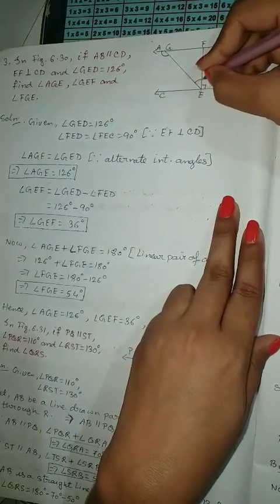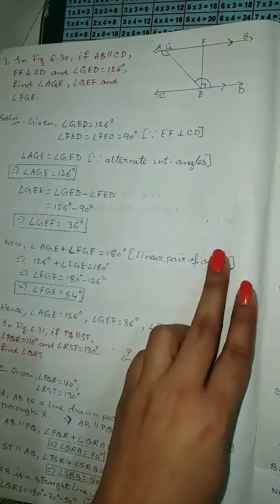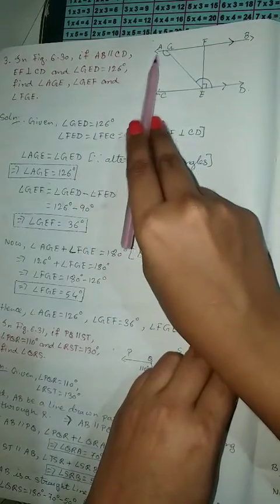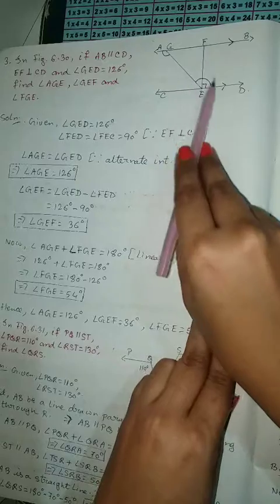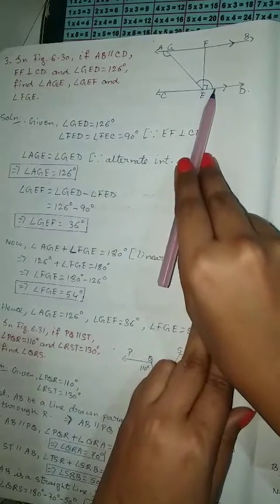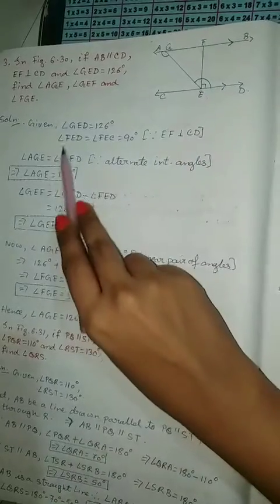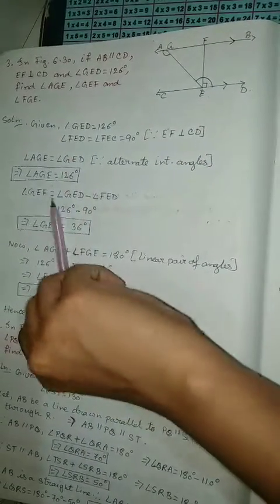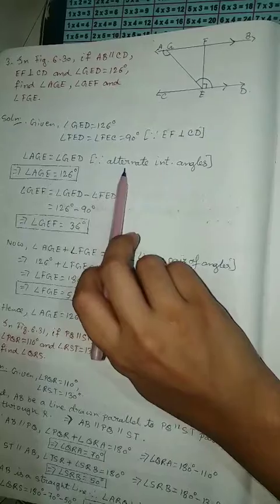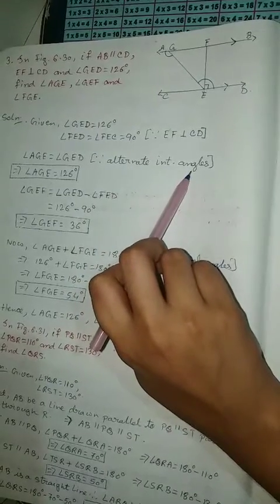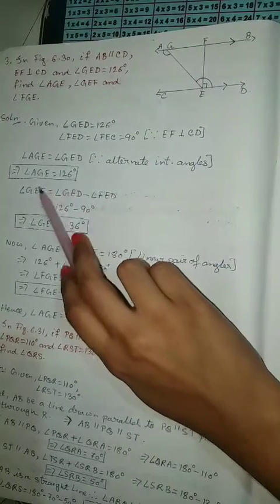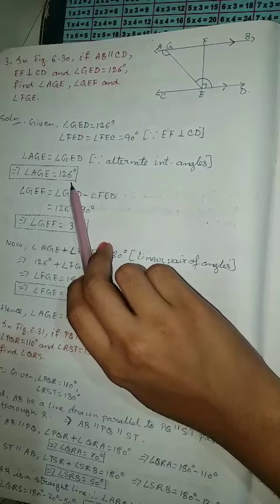This total angle is known to us, which is 126, right? So AGE is alternate to GED. We know the value of GED, which is 126. So we can write here angle AGE is equal to angle GED, alternate interior angle, right? Hence, angle AGE is 126 as well.